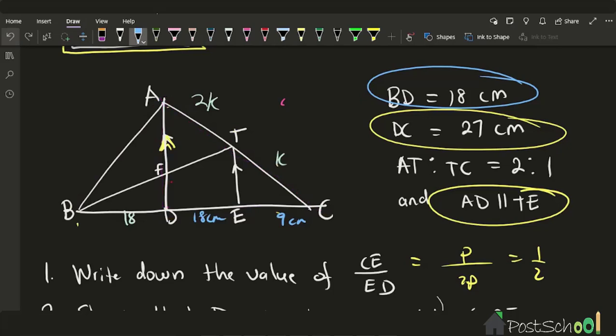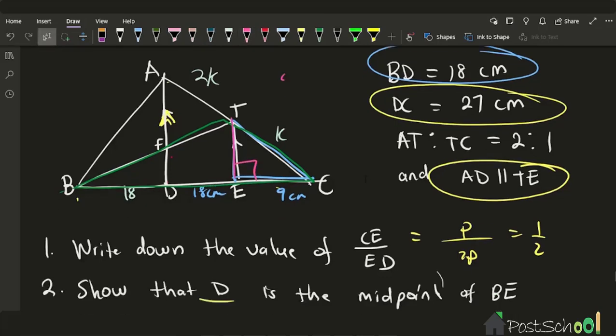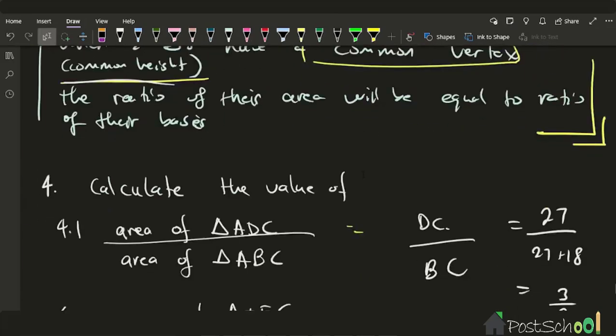But if you look at this one and ABC, they won't have a common height, so you need to find another triangle abazoba ne common height nayo, which is this one. So you can see with this one they can have a common height somewhere here. So that's what you do.